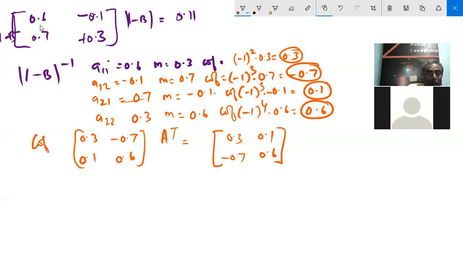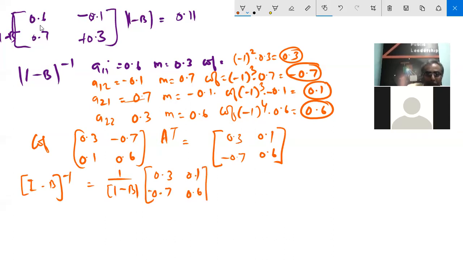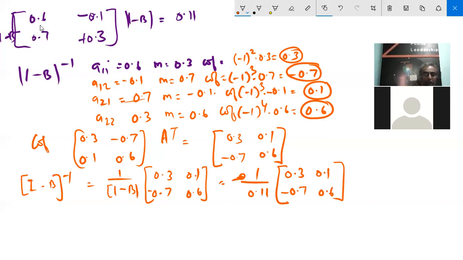Now, I minus B inverse is equal to 1 by the I minus B determinant into the adjoint matrix. That is equal to 1 by 0.11 into 0.3, 0.1, 0.7 and 0.6. Okay. Now you got it.